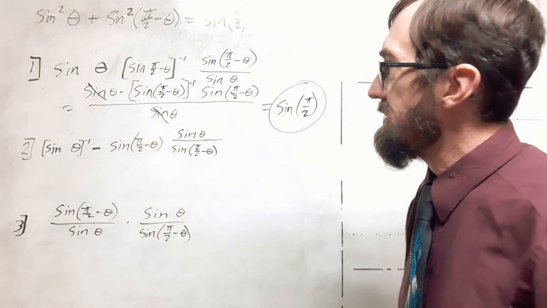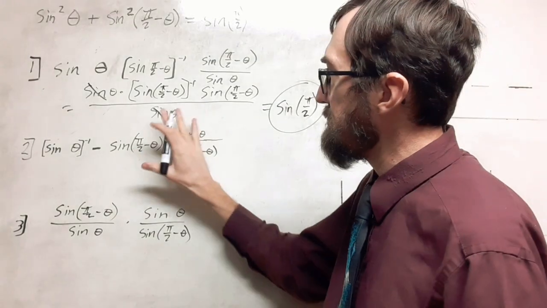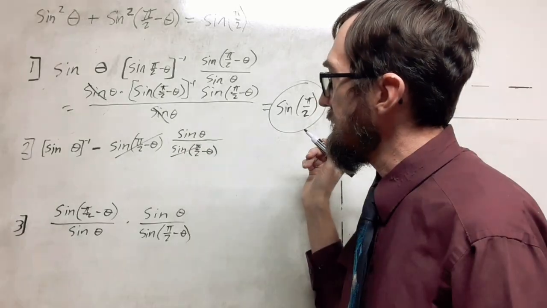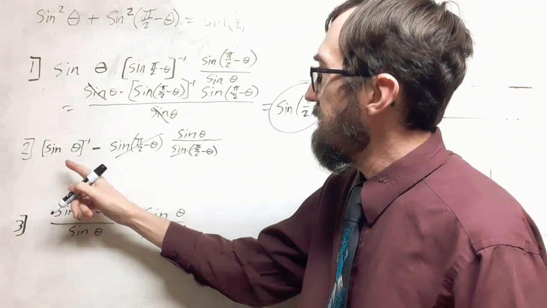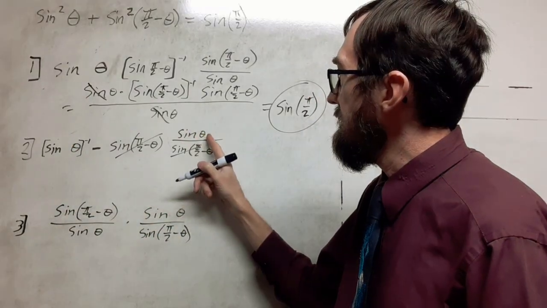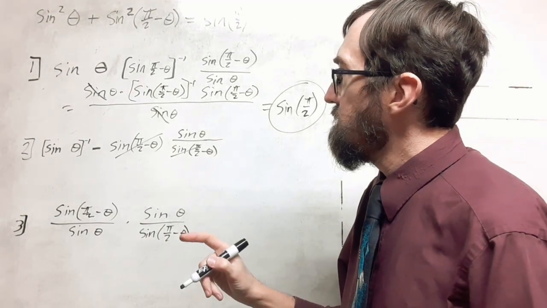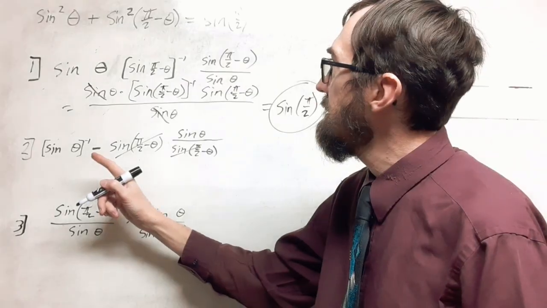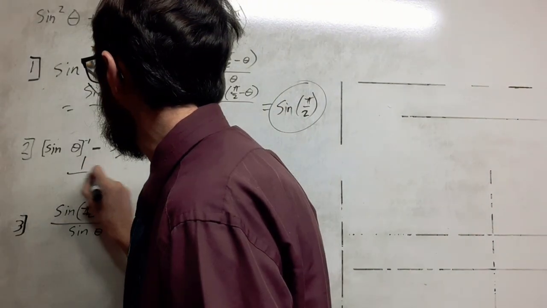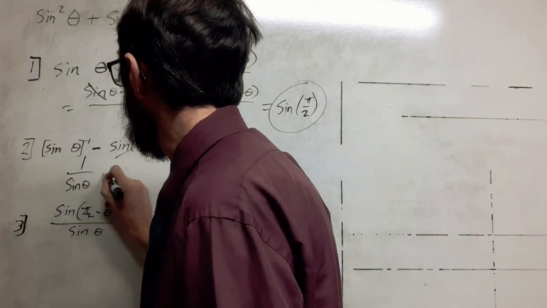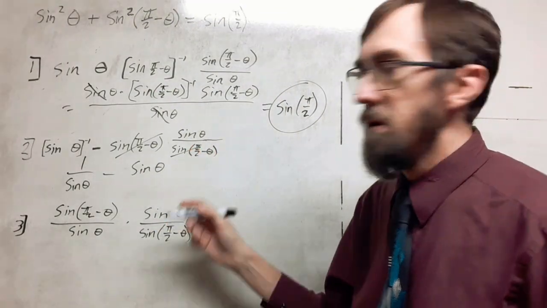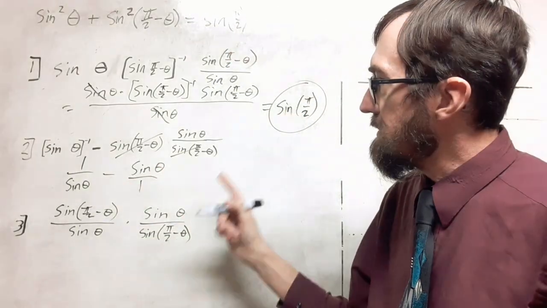Looking at our second problem, we're going to focus on this product first. And we see that this and this are going to cancel again. And that's going to leave me with the cosecant minus the sine. This, of course, is a fraction. And this we are going to put over 1 so that we can start to see the subtraction.